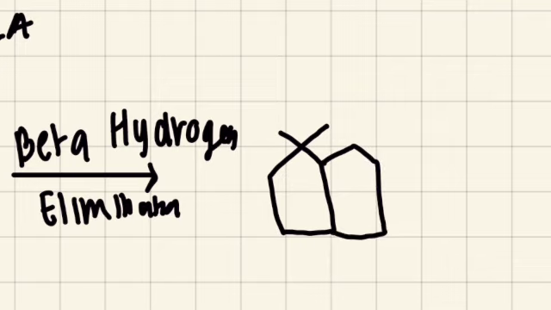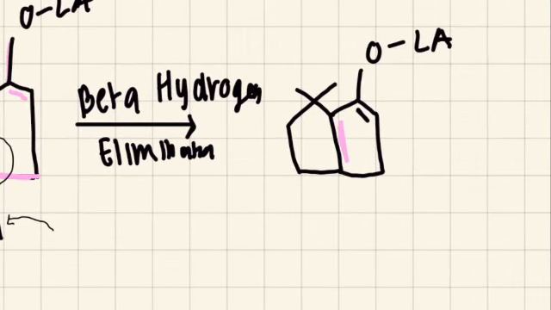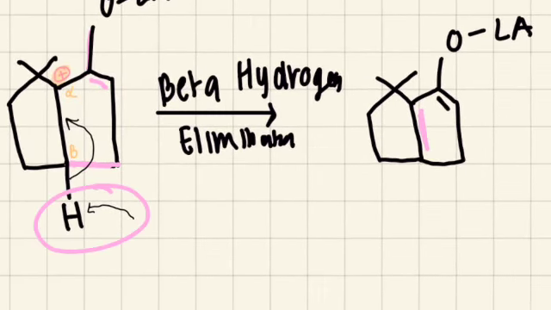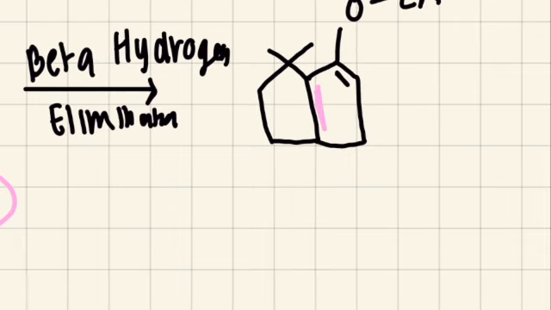We still haven't messed with the oxygen just yet. We have our pi bond from the last time, and we formed our new one right here. This hydrogen was taken, so it's now in the environment as H plus.